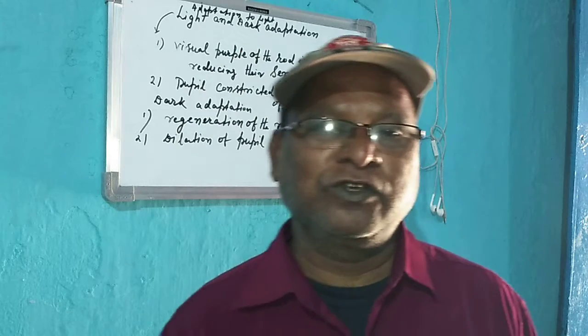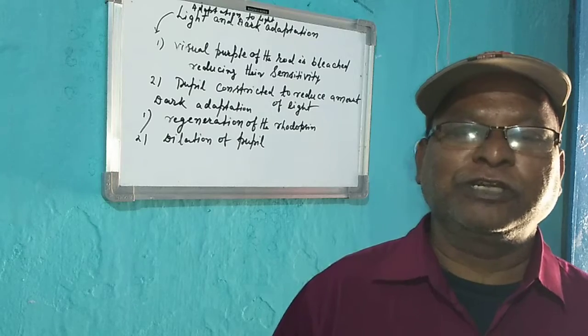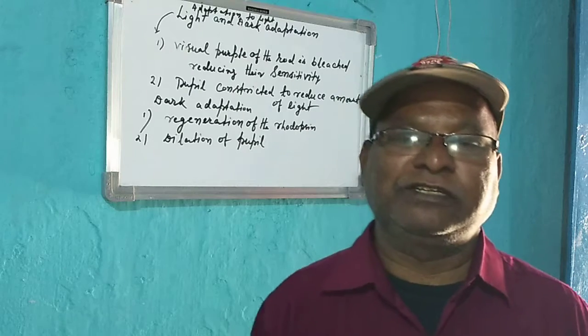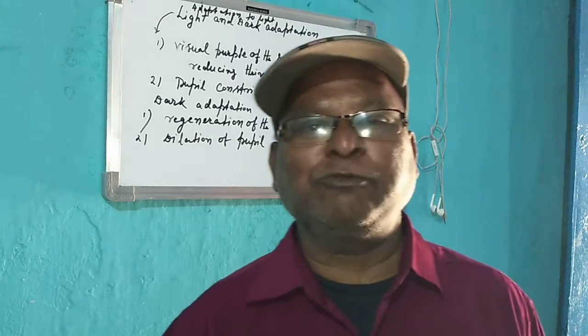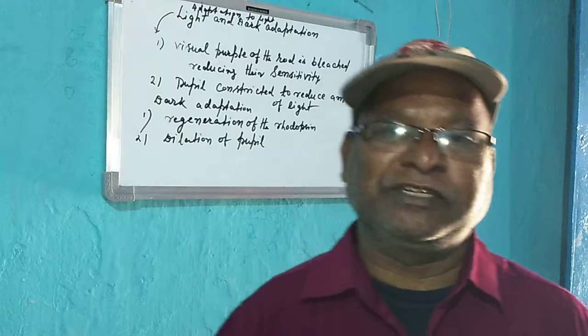So first I am going to introduce you to the definition of adaptation to light. What is meant by adaptation to light? The ability of the eye to adapt to change in the intensity of light is known as adaptation to light.